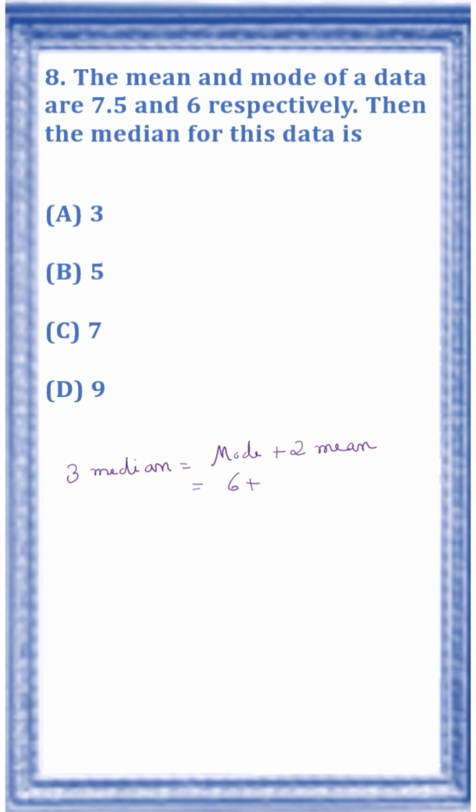Mean is 7.5. 6 plus 2 into 7.5 is 15, that is 21. We are asked to find median. 3 median is equal to 21. So median is equal to 21 by 3, that is 7. So option C is correct.